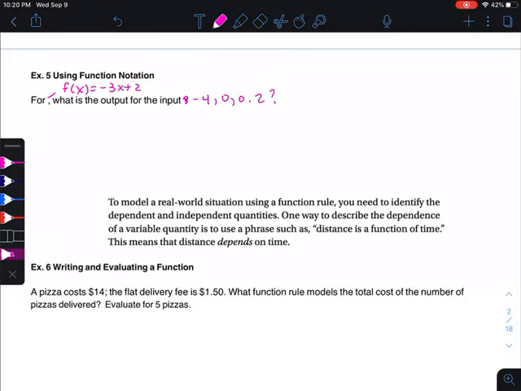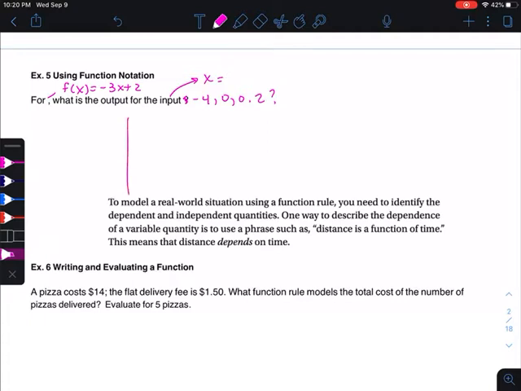Mine got a little bit cut off, I think because I typed in an equation and it just didn't transfer. That's okay. You have it in front of you anyway. So we have a function rule, f of x equals negative 3x plus 2, and they want to know what is the output when we have input values. Now remember, we said input values are going to be x values. So that means we are going to plug in for x negative 4, 0, and 0.2.